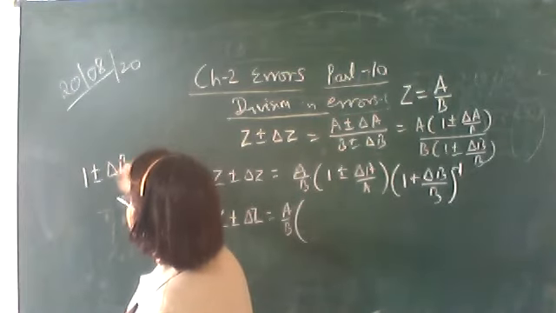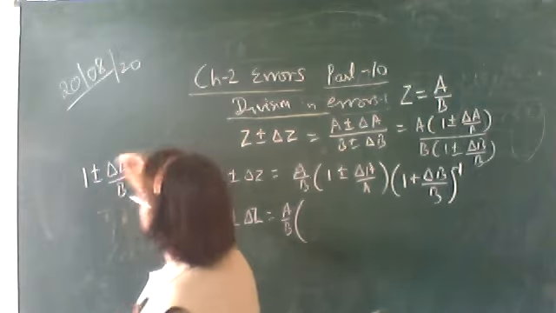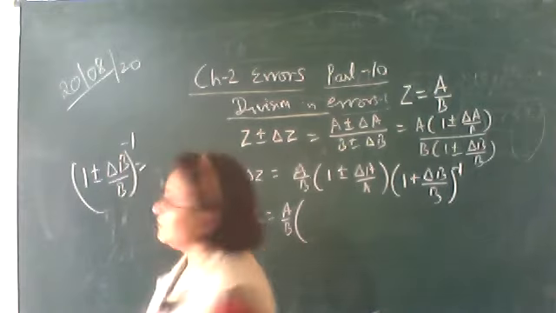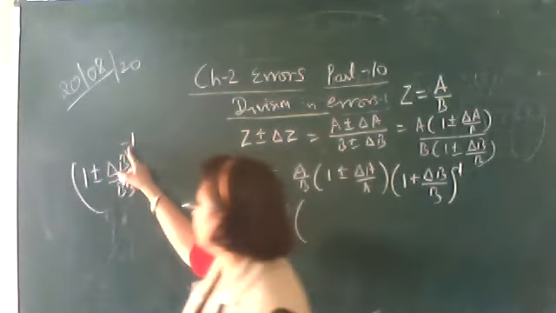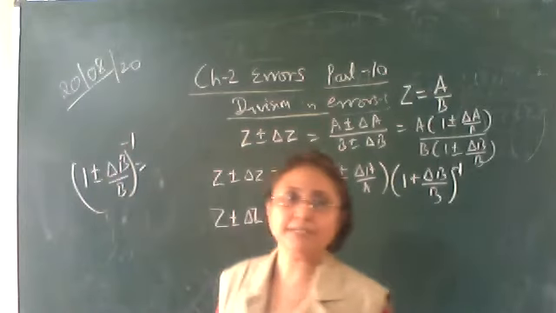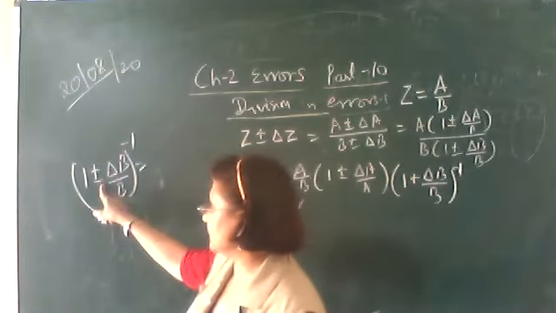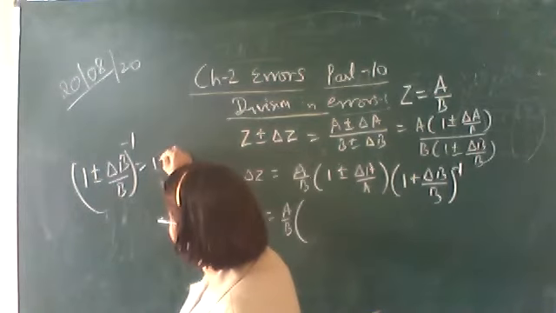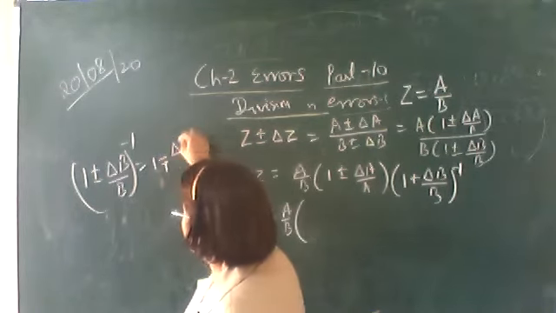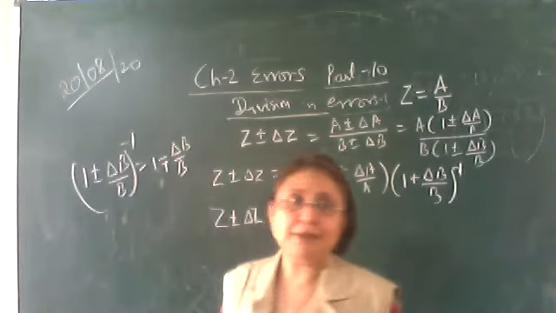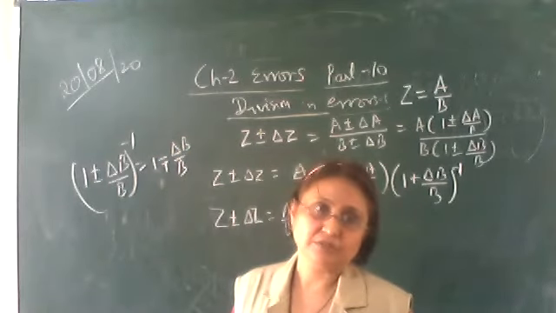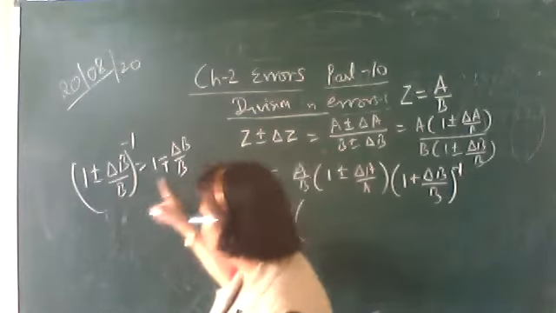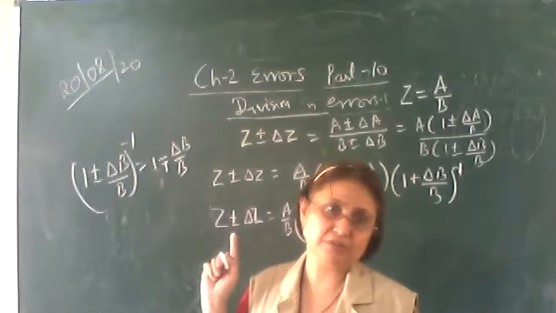Those who have biology can directly write it as this minus 1 multiplied with this sign, that is minus 1 into plus minus. This will be the answer. And those who have maths will study the binomial expansion in maths. So this is done by binomial expansion.